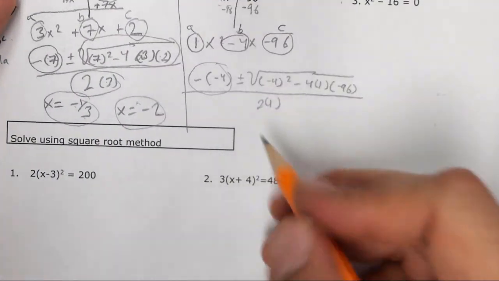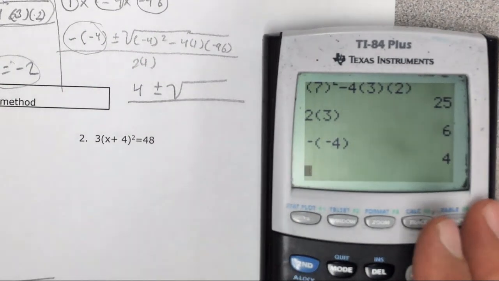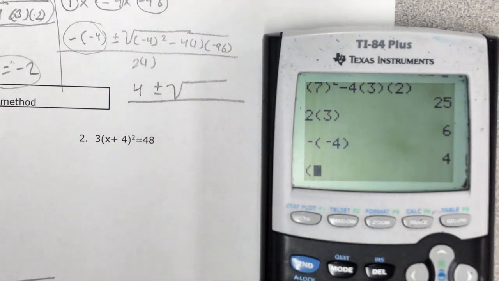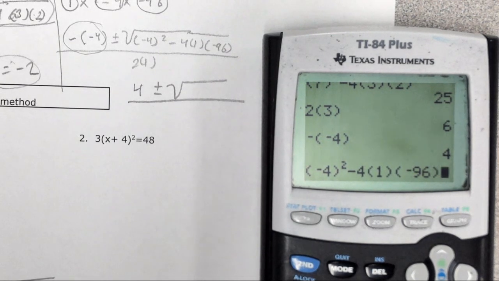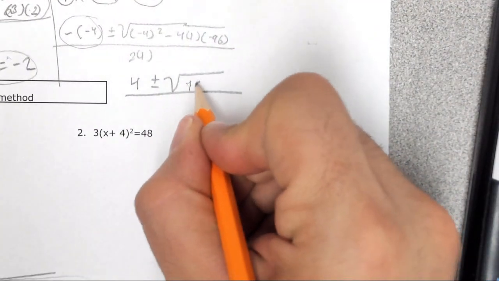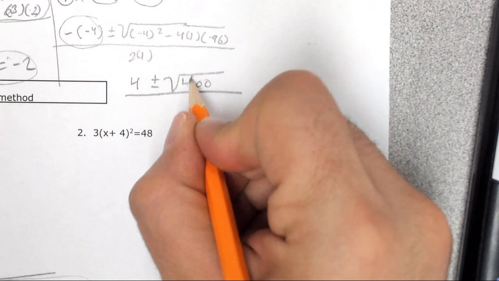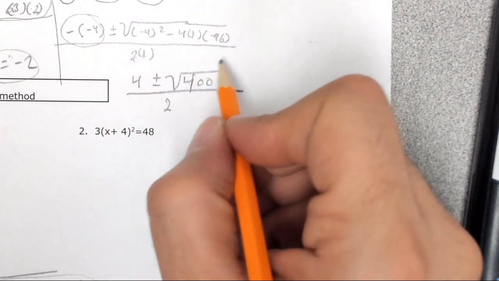Positive 4 plus or minus the square root right there. Square root of 400, all over 2 times 1 is 2.